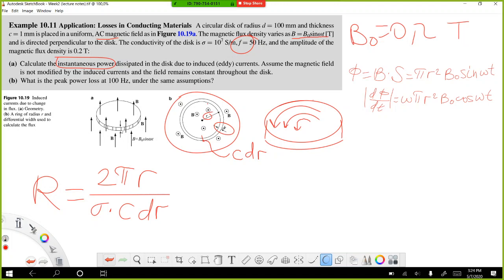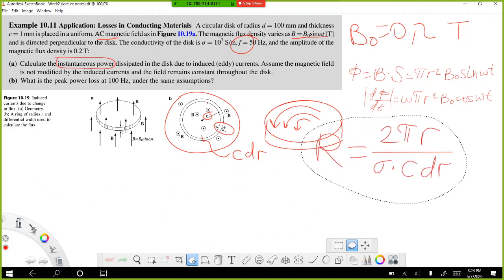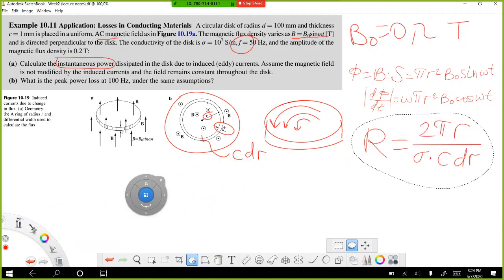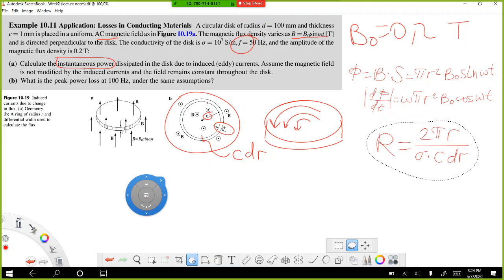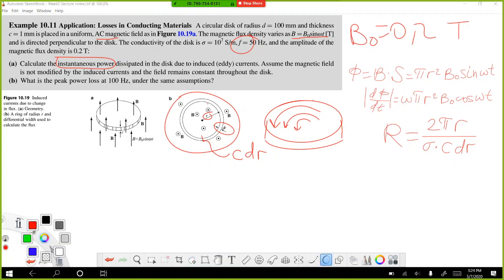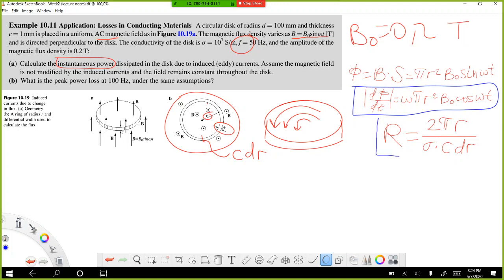Now let's derive the expression for power. Okay, we've derived the expression for electromotive force inside the ring and the resistance of the ring.